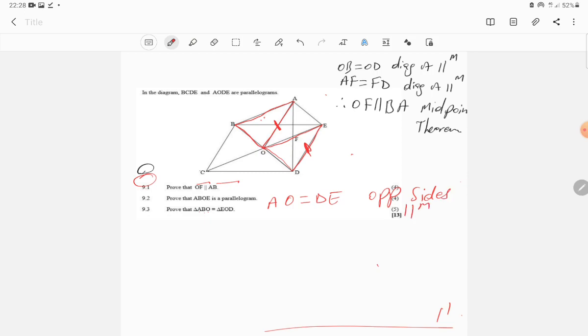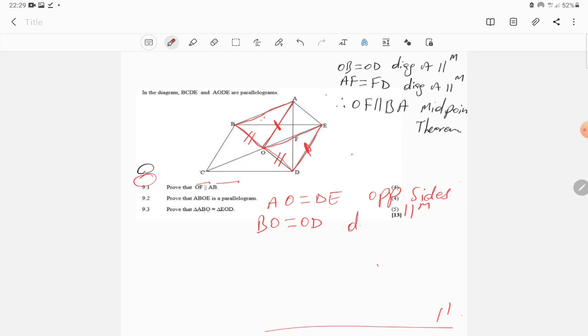So we also have BO is also equal to OD. What's the reason for that?